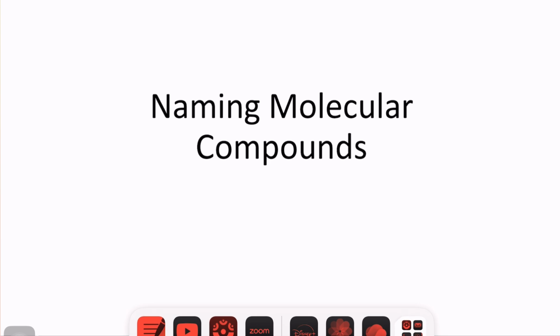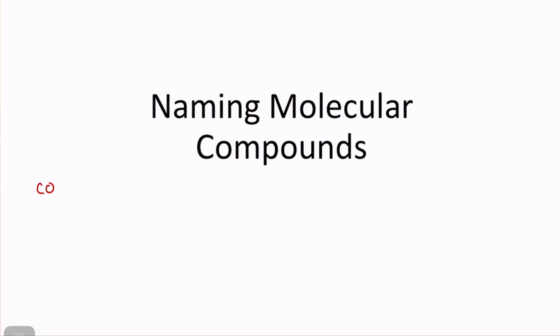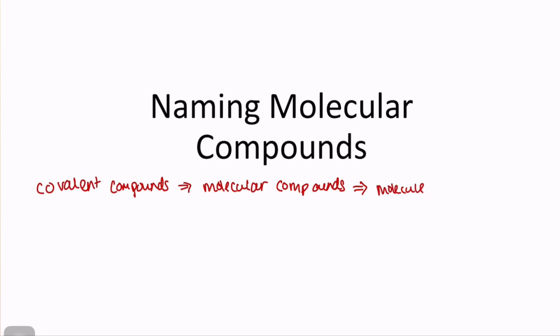All right, so covalent compounds can also be referred to as molecular compounds, which can also be referred to as just a molecule. So a molecule is when atoms are sharing electrons.